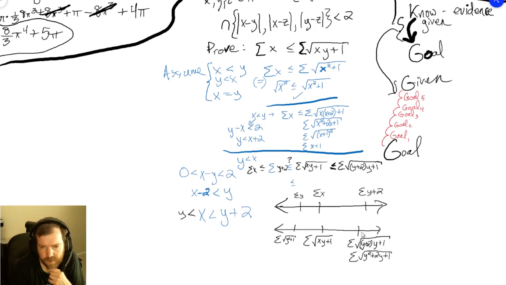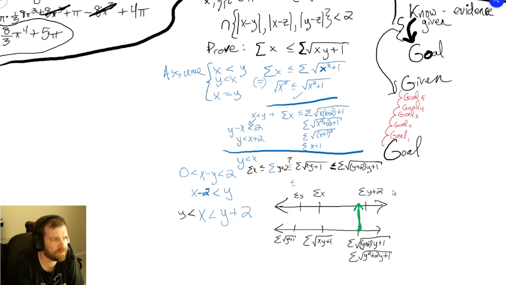The problem here seems to be that this is here somewhere. I guess technically right in the middle of the sum of y's and sum of y plus 2's. Doesn't matter.